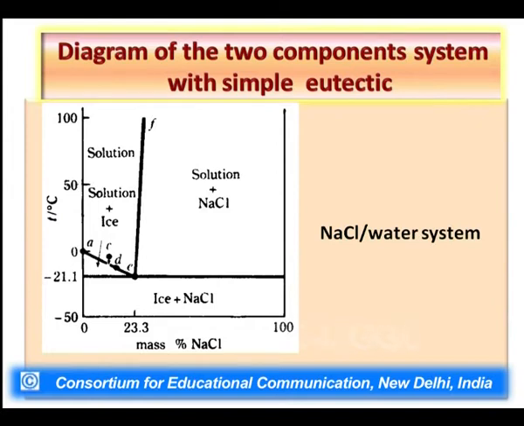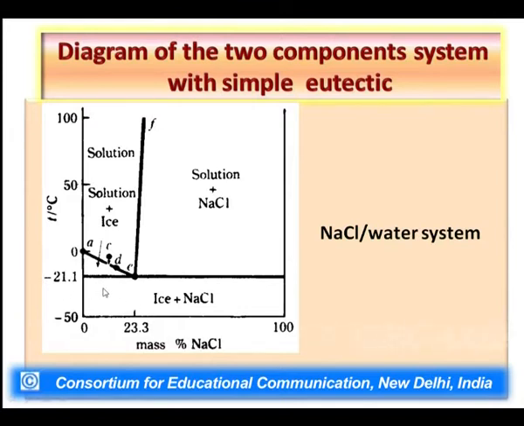That means if we take 100 gram of mixture of water and sodium chloride, and this mixture has 23.3 gram of sodium chloride and 75.7 gram of water, then in that situation this mixture would be called a eutectic mixture. As you can see in the phase diagram of water and sodium chloride, this point where the pointer is pointing represents the eutectic point, which represents eutectic composition and eutectic temperature also.